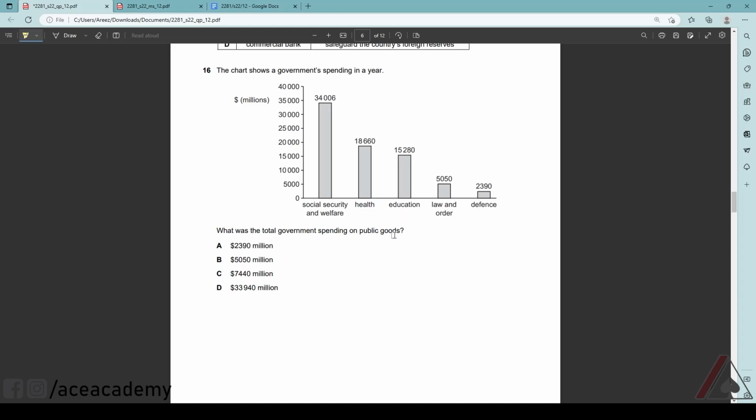Public goods are goods that are non-excludable and non-rivalrous. What does that mean? It means that if a certain someone uses a public good, the good does not decrease if somebody else wants to use it. It means that it's non-rivalrous.